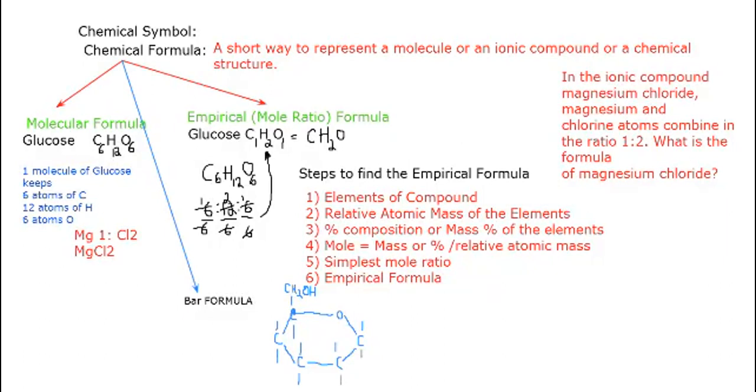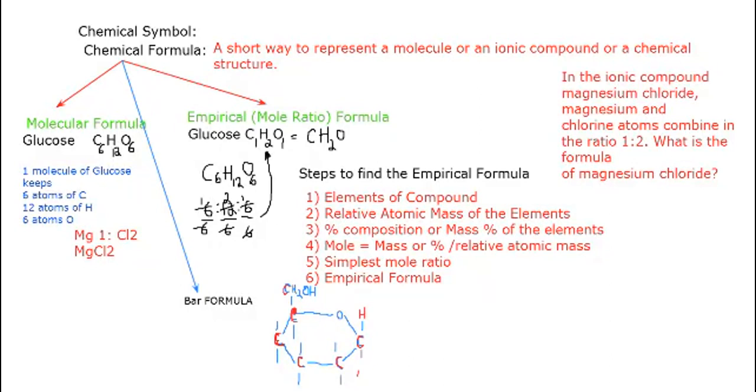Now we know that glucose has 6 carbon. This is the first carbon, this is the second carbon, this is the third carbon, this is the fourth carbon, this is the fifth carbon, and this one is the sixth carbon. Now you can see that this is the structural formula of glucose.